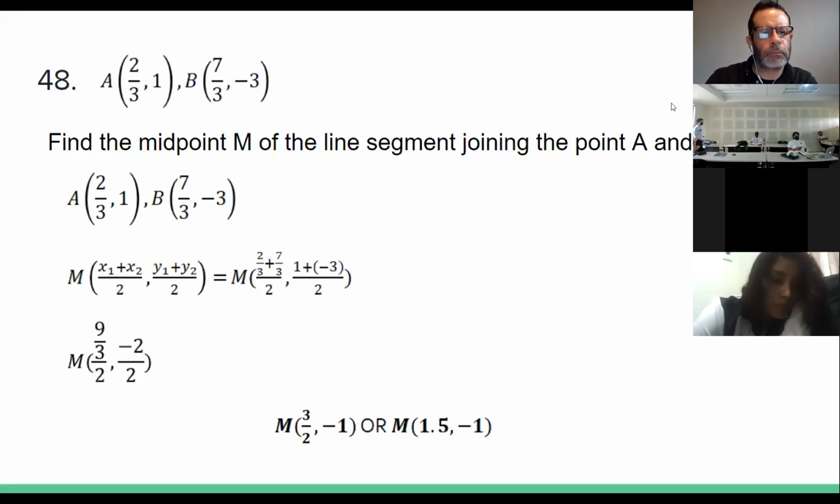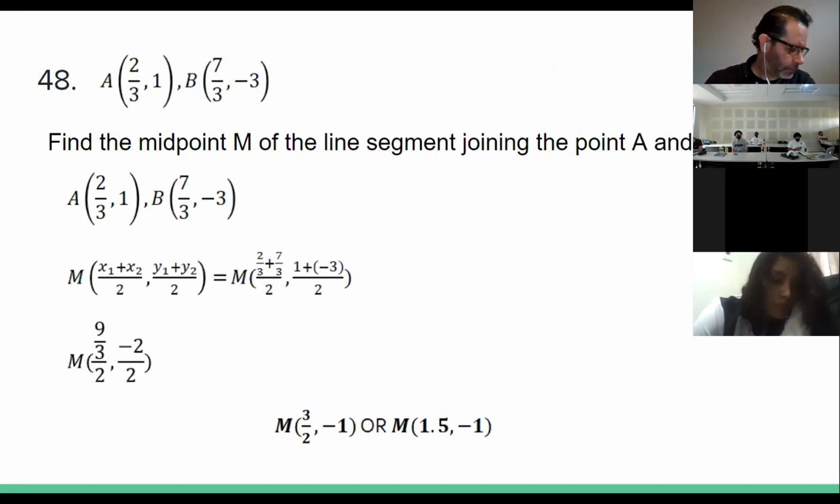Okay, so the problem is number 48, and the question was to find the midpoint of the line segment joining the points A and B. The formula for finding the midpoint is M, and the coordinates will be: the first coordinate you can get by adding x1 plus x2 and then dividing by 2, and the same with y as well.